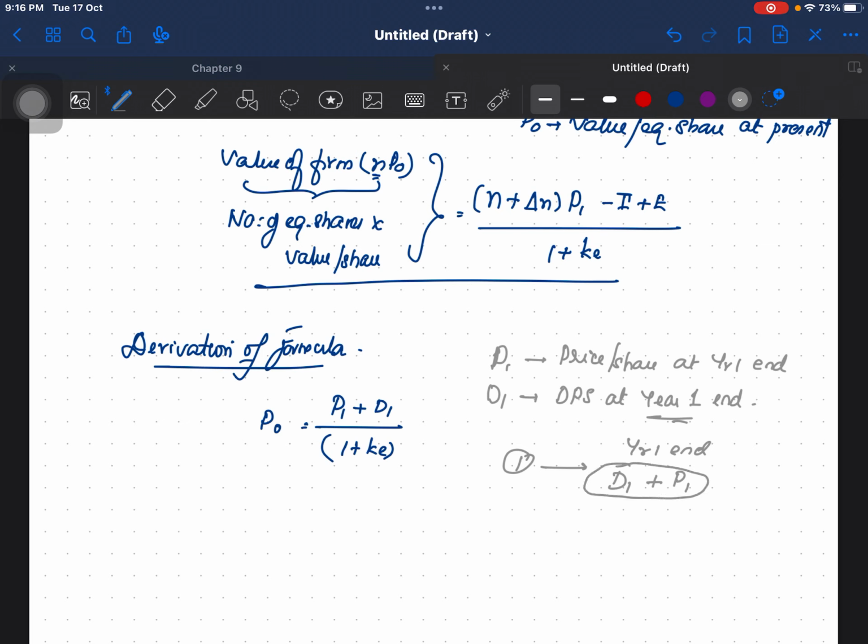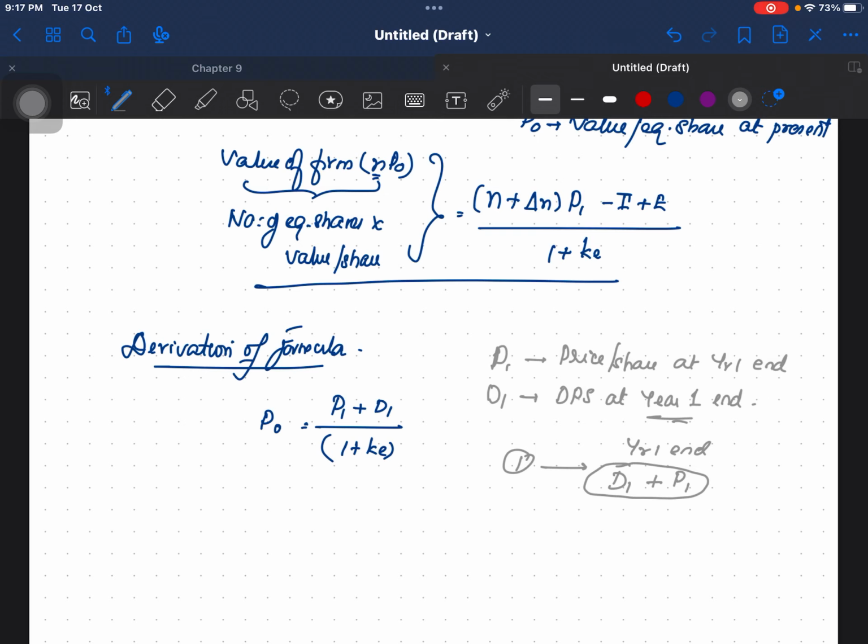If you are a shareholder holding one share of the company, you would have received a dividend equivalent to D1, plus you are holding one share at the end of year 1, whose value is P1. So the total wealth in your hand is D1 plus P1.